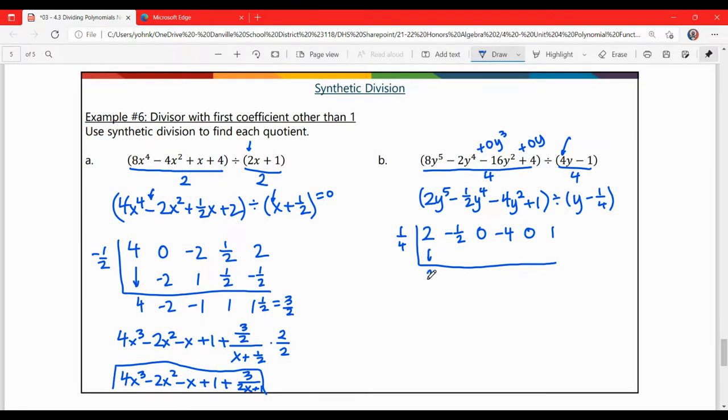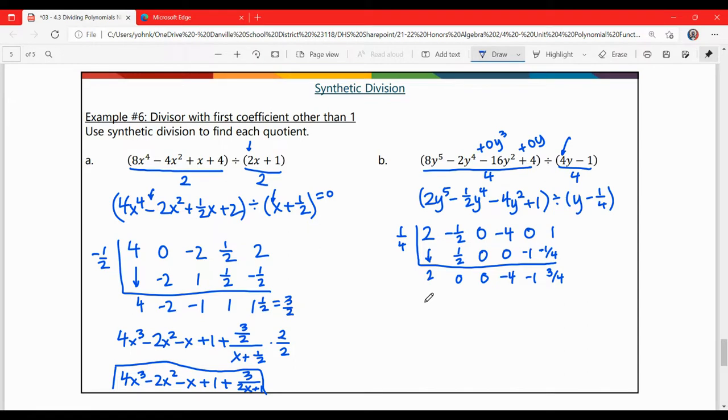So we bring the 2 down, and we multiply 2 times a fourth to get a half, and we add to get 0, and we multiply to get 0, and we add to get 0, and we multiply to get 0, and we add to get negative 4, and we multiply to get negative 1, and we add to get negative 1, and we multiply to get negative 1/4, and we add to get 3/4. If you don't like fractions, then use your calculator.